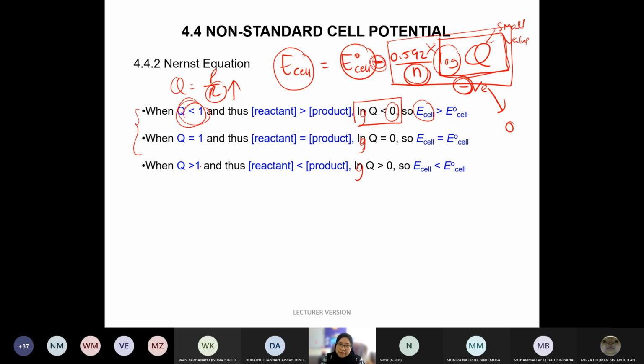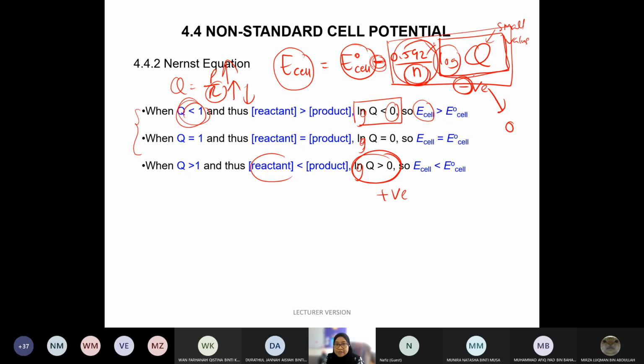Okay, and what if the Q is more than 1? That means concentration of reactant is lower ataupun the concentration of product is high. When you logkan the large value of Q, the log Q value will get positive value, more than 0 kan? Positif lah. So bila you dapat positive value, don't forget you akan darab dengan this one, and this one kat depan ni tolak.